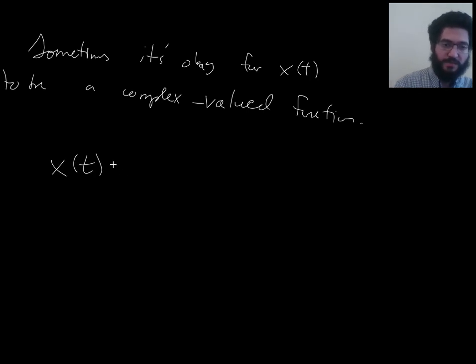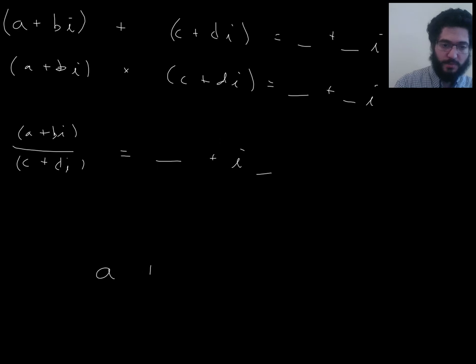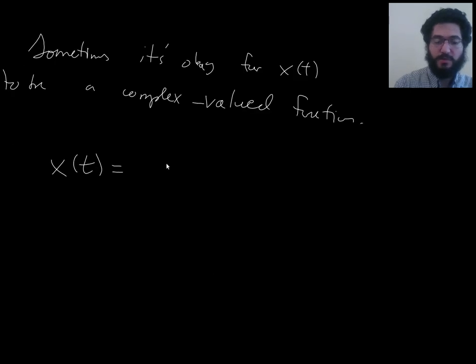Now, a complex valued function is really made out of a real function plus another real function times i. Just like a complex number is a real number plus a real number times i, made out of a real part and an imaginary part, a complex valued function is made out of a real valued function, let's call it x sub real, plus i times another real valued function, let's call it x sub imaginary.